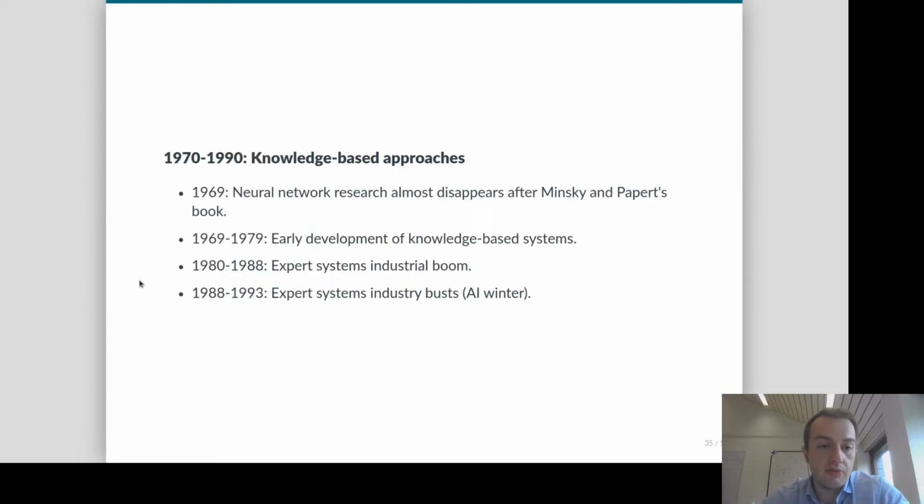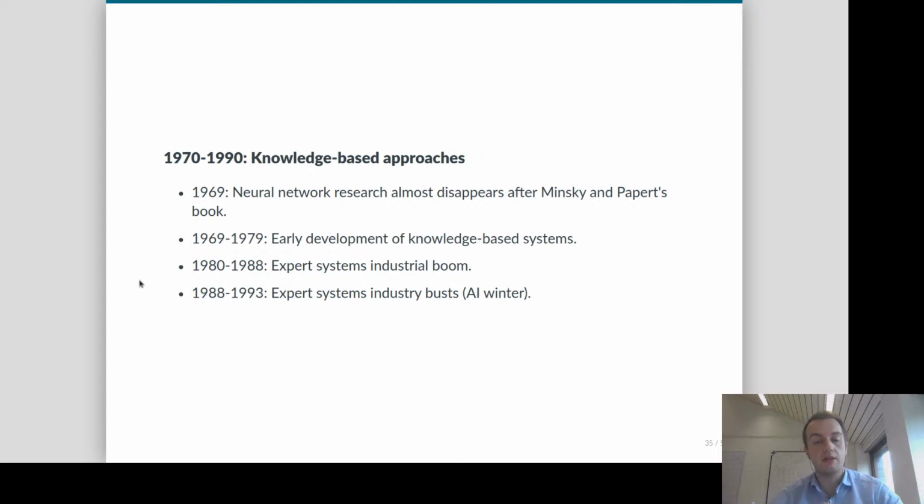Okay, then if we move on a bit closer to the present, between the 70s and the 90s, this was really the era of what is known as the knowledge-based approaches, like expert systems, which were a continuation of this logicist tradition of AI.